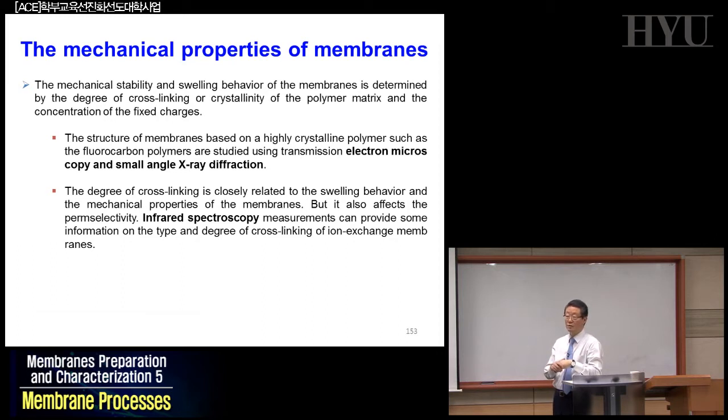Okay? If it's mechanically weak. So mechanically strong membrane is required in the real industry, but what about the measure? What about how we can characterize these mechanical properties are the important topic as well.